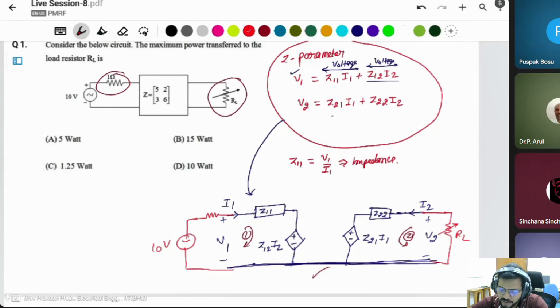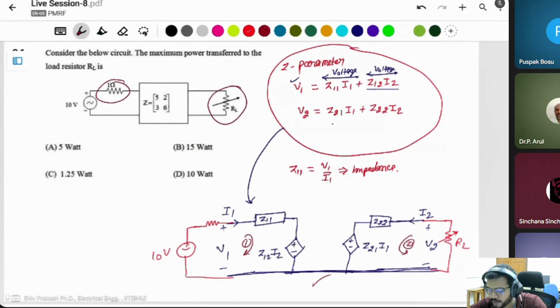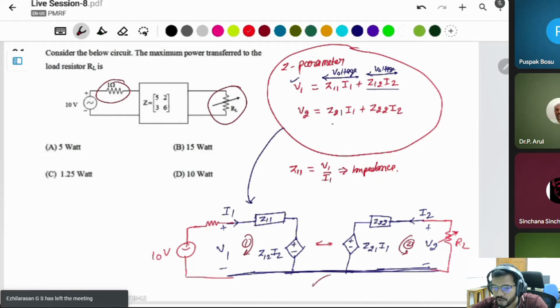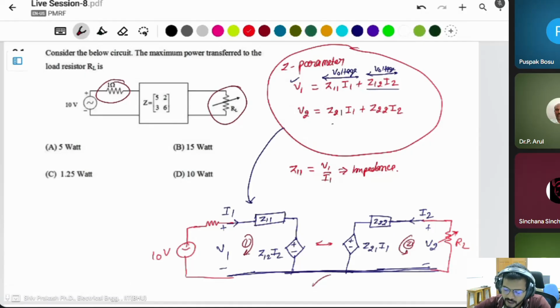To apply the maximum power transfer theorem in a dependent source circuit, you need a Thevenin equivalent circuit, VTH and RTH. You have to find the VTH and RTH of this circuit, and then apply the maximum power transfer theorem.